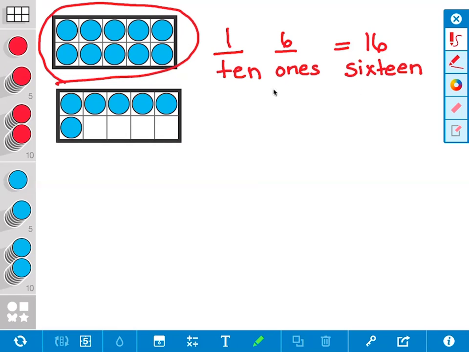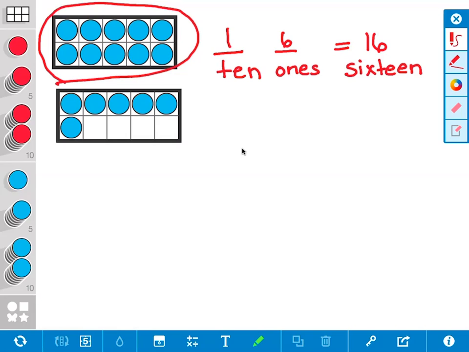So I know that 16 is one group of 10 and 6 ones. So if Miss Day had 16 kids in her class, I know that I could make one group of 10, but then I would have 6 ones left over. And so you're making tens and ones. And you're thinking about the place of the numbers.